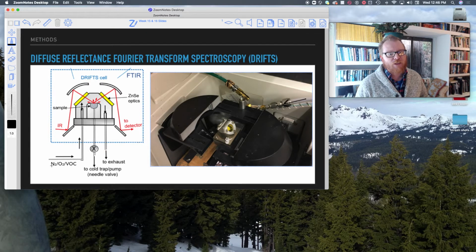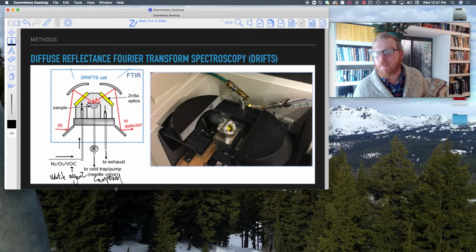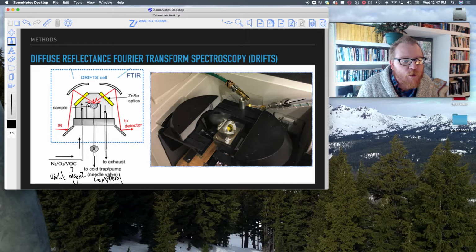And so we create a mixture of nitrogen, oxygen, and VOC, which is volatile organic compound. So these are small organic compounds that have high vapor pressures, so we expect them to exist as a gas. Okay? So we flow these over the surface of our simulated aerosol surface, okay?